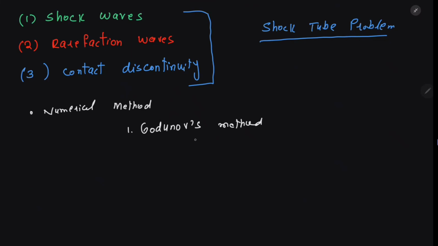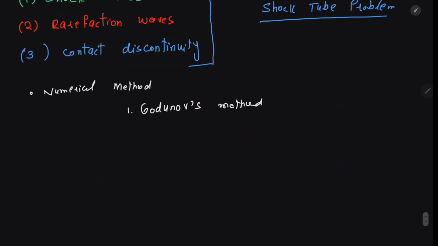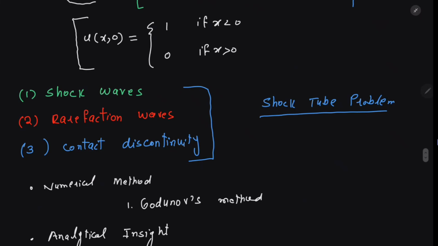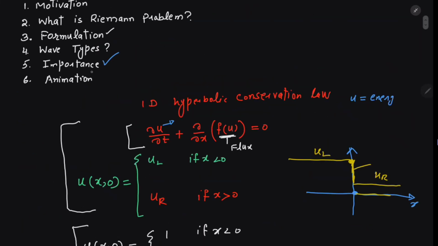We can have analytical insight. We can see how the solution looks like, and how the numerical method that we have applied looks like. We can also see some kind of interaction of shocks and rarefaction, and so on. So this was all about the importance of that.